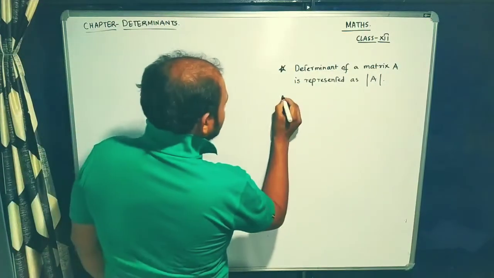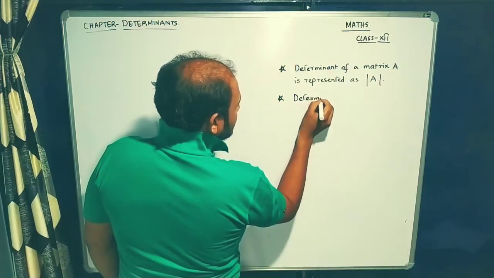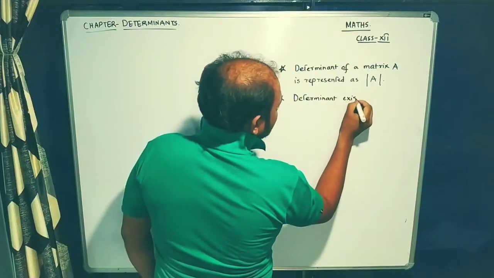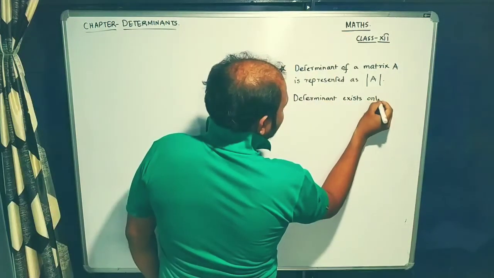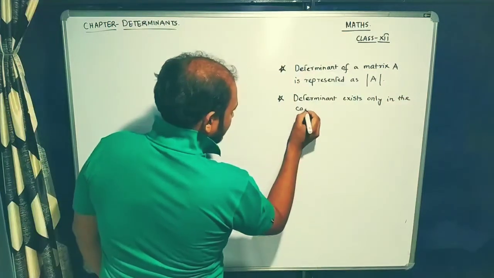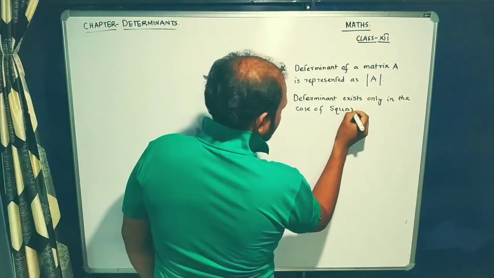And second point is that determinant exists only in the case of square matrices.